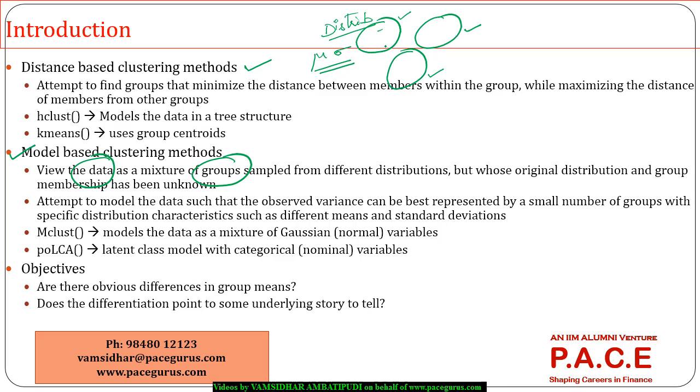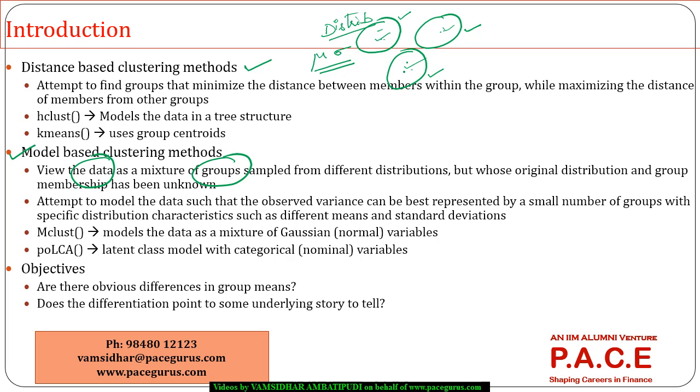Each of them is coming from a different distribution, but I don't know which data comes from which kind of distribution. I don't know the group membership of the data, but all I know is that the data we have captured comes from different distributions.